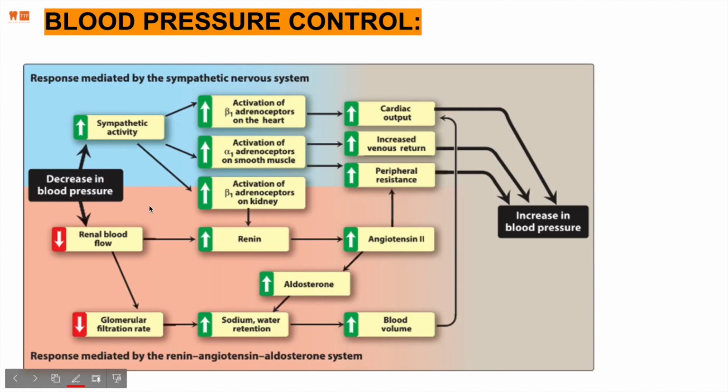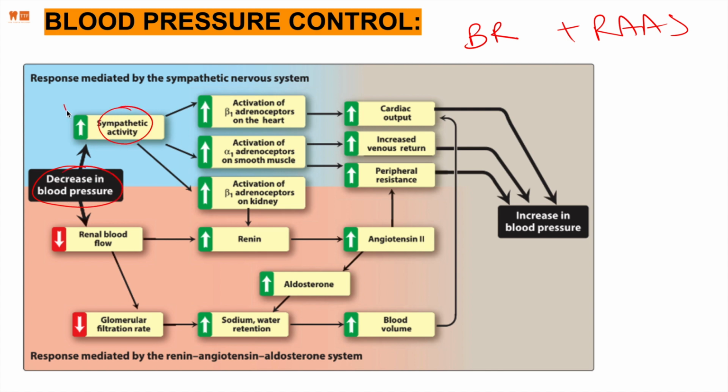And this is a summary of both together, baroreceptors and the RAS system. If there is a decrease in blood pressure, then there is an increase in sympathetic activity in the autonomic nervous system. That leads to the activation of beta 1 receptors on the heart, leading to an increase in cardiac output and an increase in blood pressure.